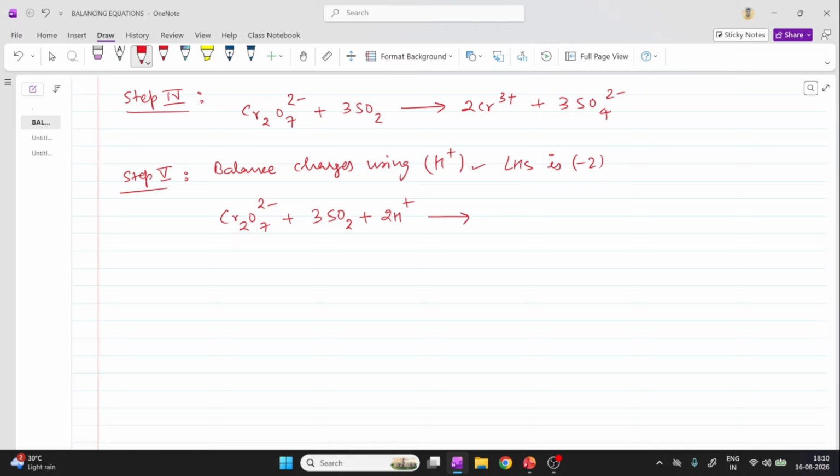This gives 2Cr3+ plus 3SO4 2-. Now we are left with only the last step, step 6, which is to balance hydrogen and oxygen.